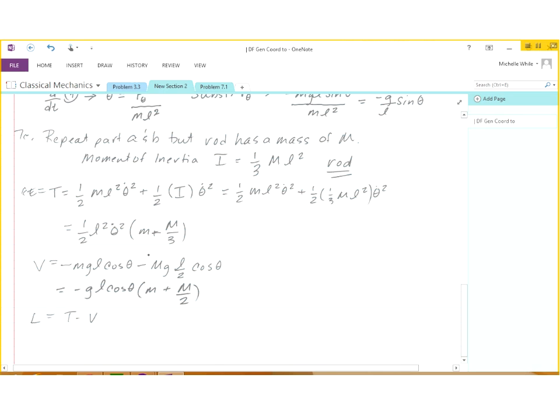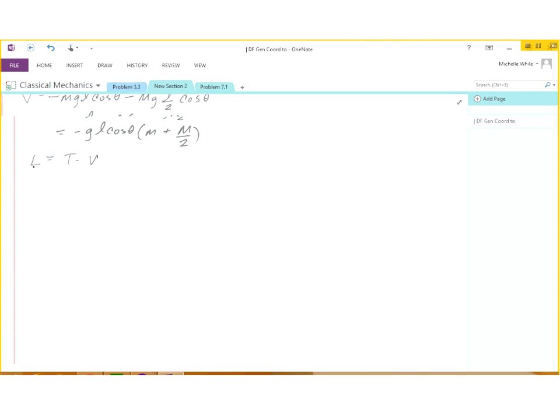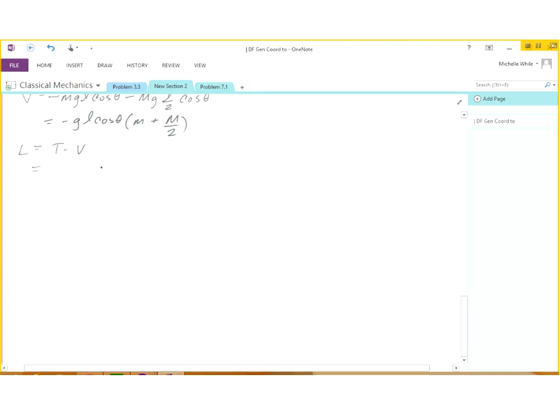Now we're going to do the Lagrangian. And this is equal to 1/2 mL squared theta dot squared times the mass of the ball plus the mass of the rod over 3, plus gL cosine theta times the mass of the ball plus the average mass of the rod.